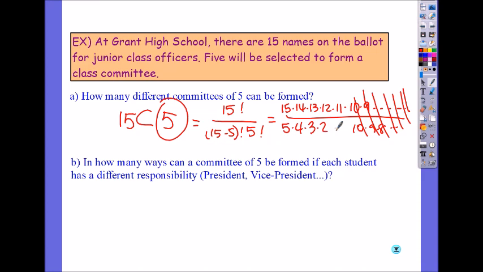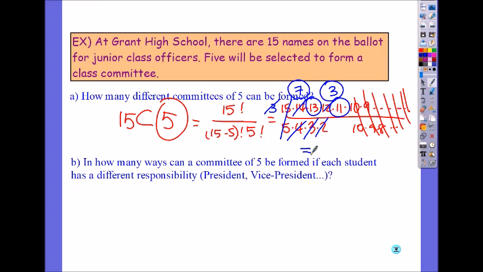So here you can do it by hand. What's 15 divided by 5? 3. What's 3 divided by 3? Gone. What's 14 divided by 2? 7. What's 12 divided by 4? 3. So you're just doing what? 7 times 13 times 3 times 11, right?